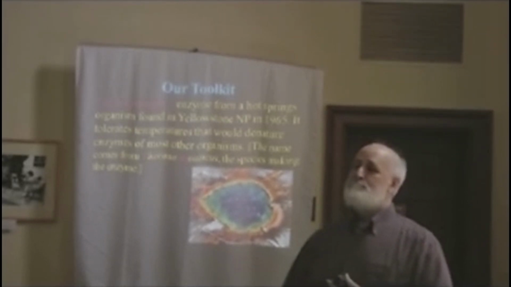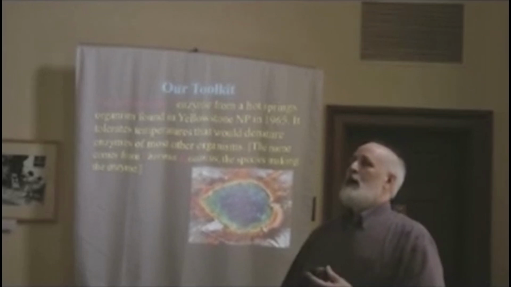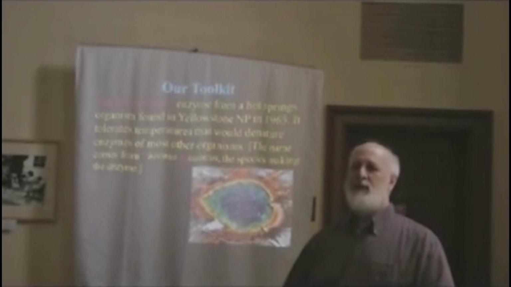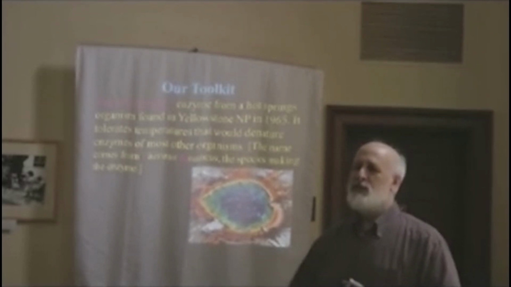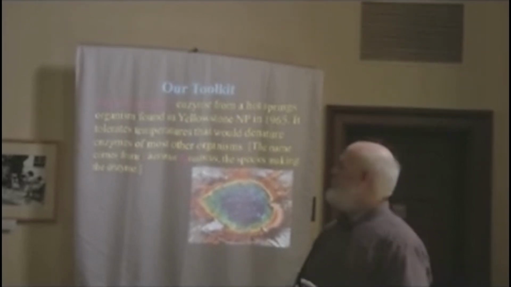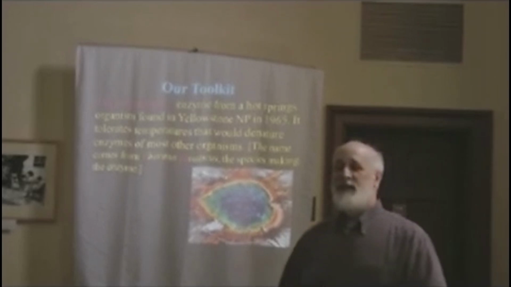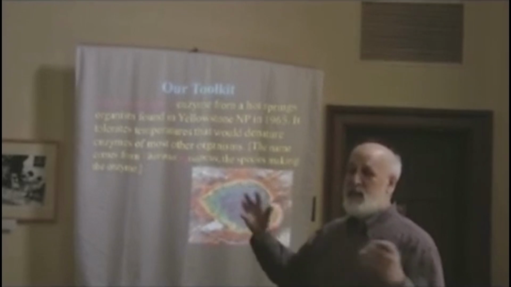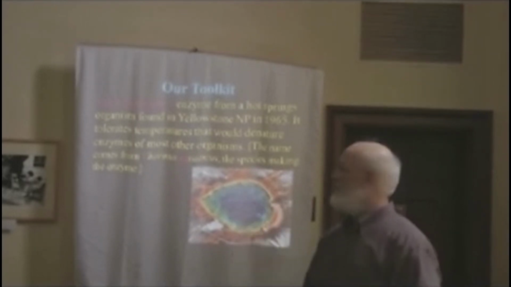But those vents are like 700, aren't they? Because of the pressure? I don't know if they're 700. I don't know a value for that, but it's too hot for me. In any event, we can use enzymes from organisms like this and heat them up and cool them down. We'll see how that works in a little bit.